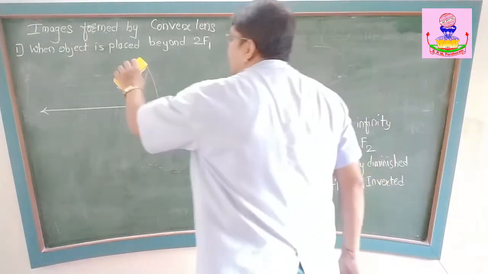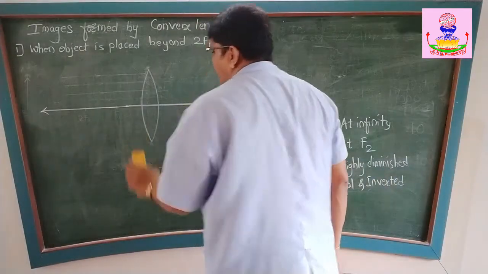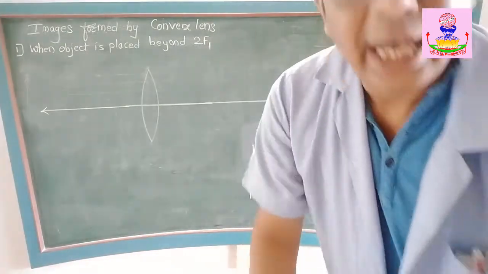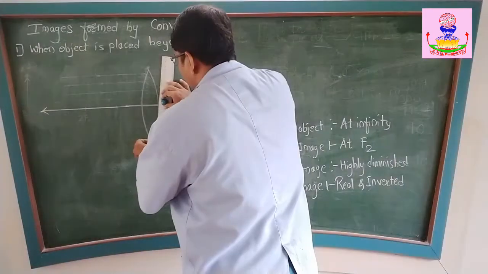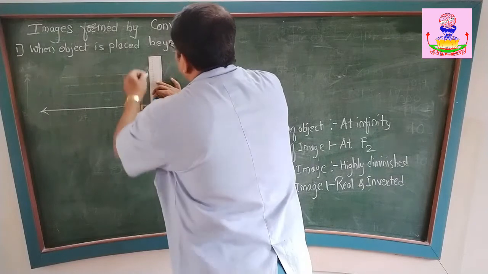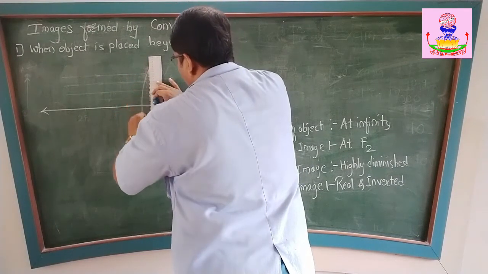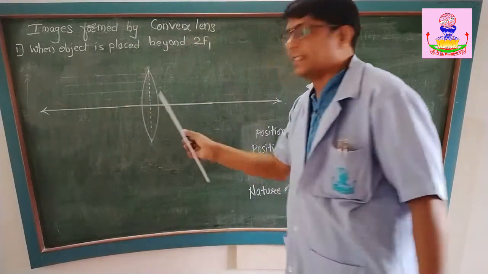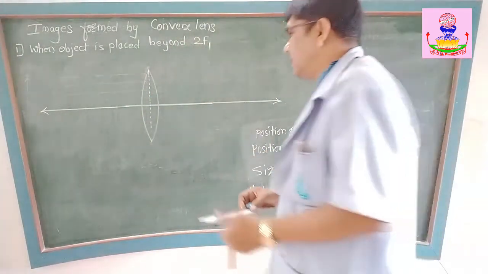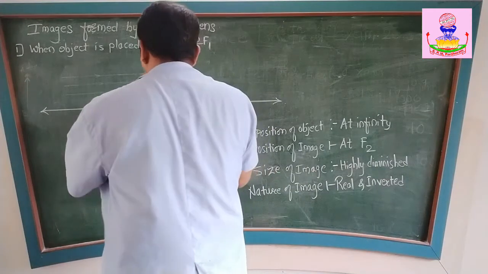Rub all the additional arcs, whatever they are. Draw the vertical axis. That gives us the optical center, and from that optical center, mark f1.